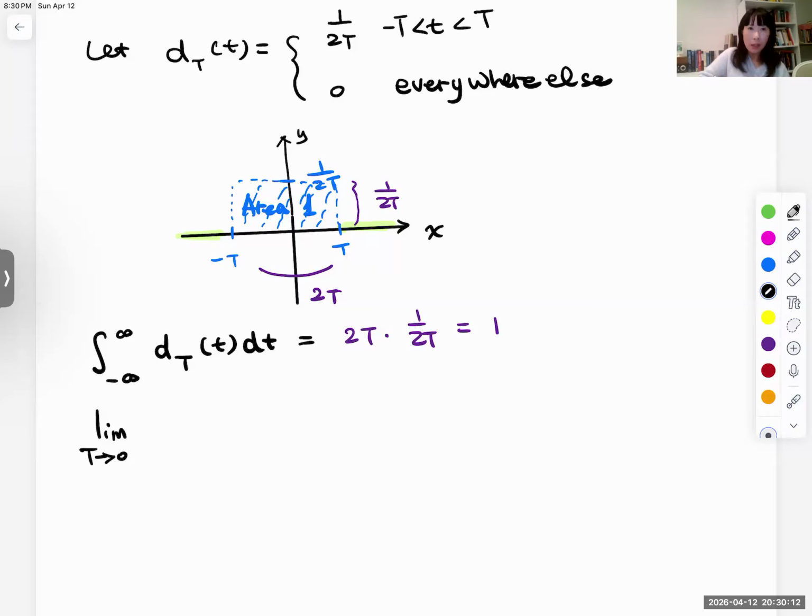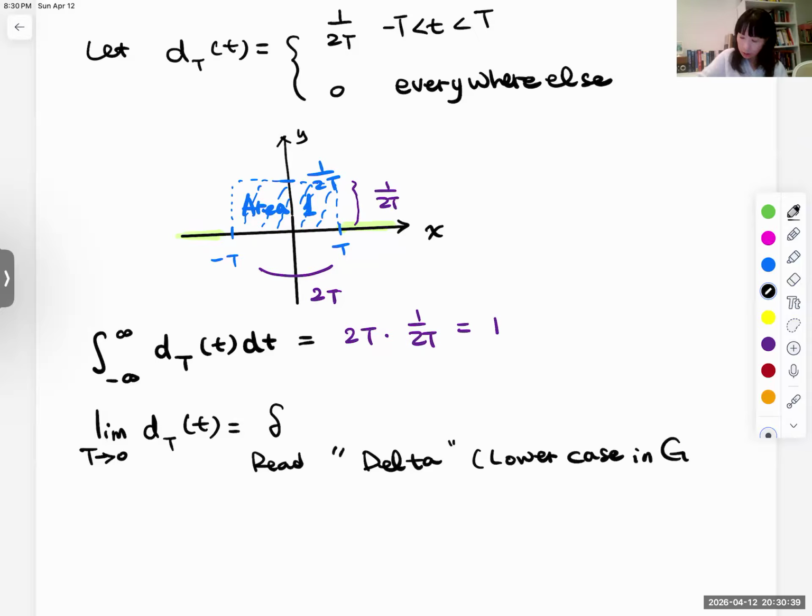Okay, so let me write down: the limit of the function d sub t of t equals delta of t. We read delta, a lowercase delta in the Greek alphabet.